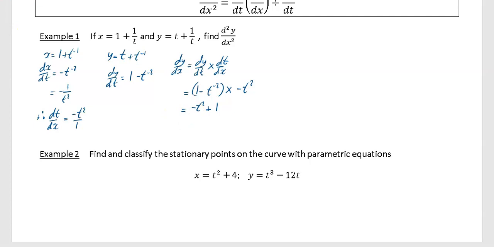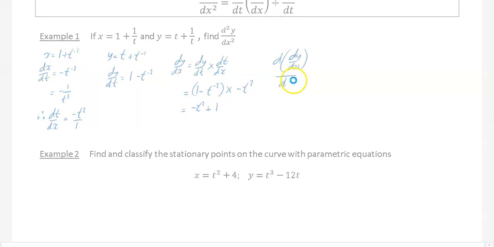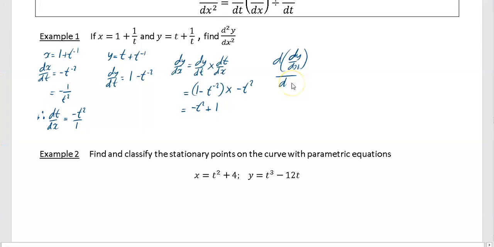Okay, the next thing I need to do is differentiate my dy by dx with respect to t. If I do that, in this case I'm going to get minus 2t. I'm just going to write down my formula if I want to find my d2y by dx squared.